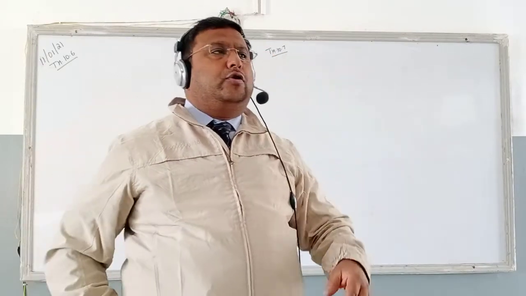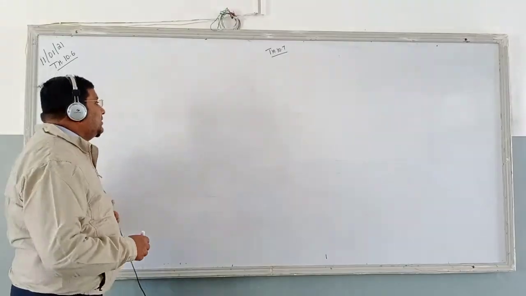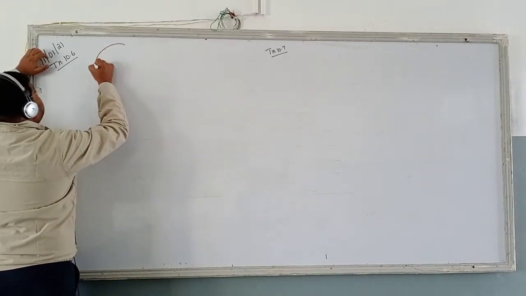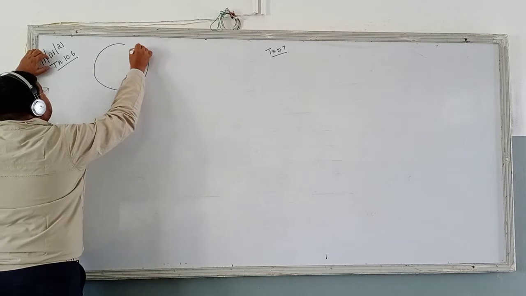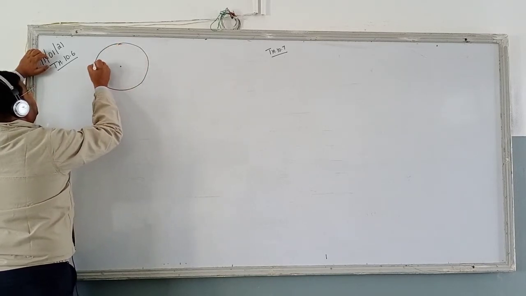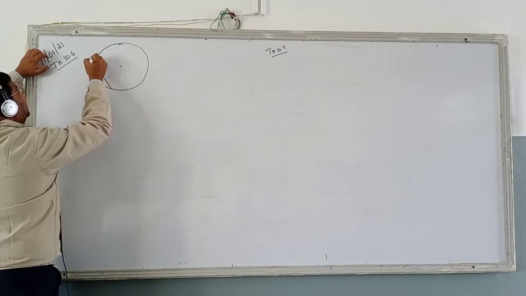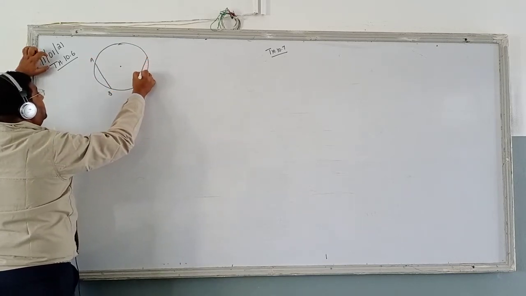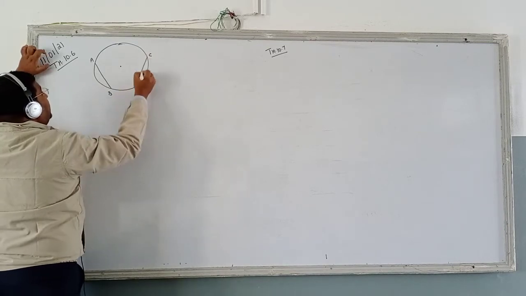So here we are not going to draw two circles, we are going to talk about only one circle. Equal chords of a circle are equidistant from the center. So this is a circle, center O. This is one chord, say AB, and this is another chord, CD.